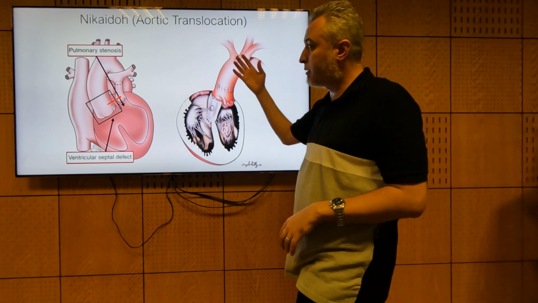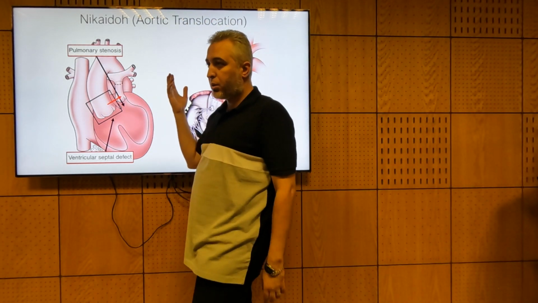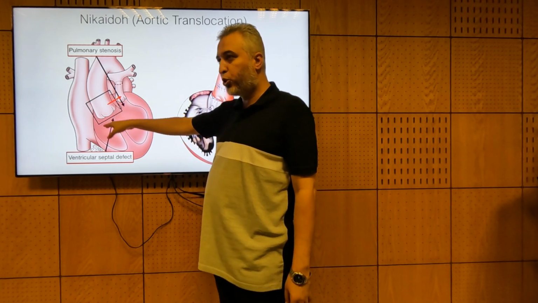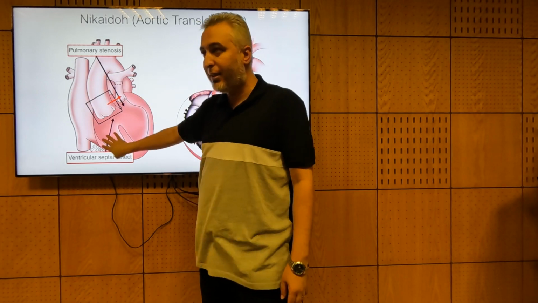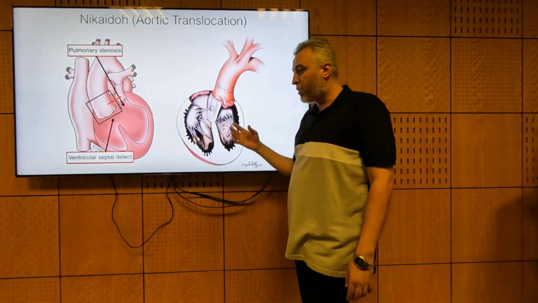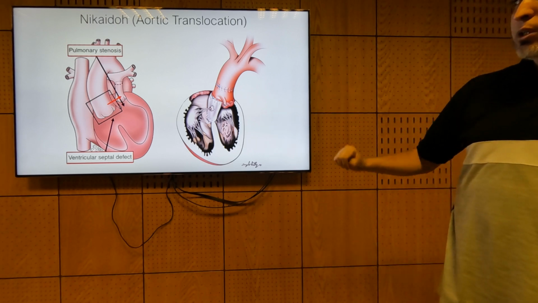And then we have to connect the pulmonary artery to the RV with some sort of connection. So maybe still an RV to PA conduit, or maybe get the pulmonary bifurcation directly into the RV without a valve. So whatever configuration we use to connect the RV to the pulmonary artery.